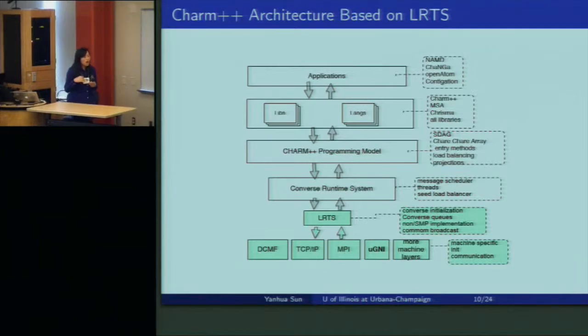And also we provide a set of functions. These functions need to be implemented by the lower level machine layers. So after this LRTS design, the machine layer is only responsible for its machine-specific initialization and communication.